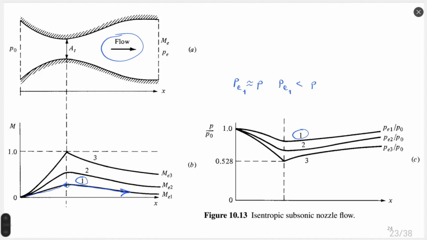This is case 1. Case 2 is very similar. PE in this case is not approximately equal to the pressure, but still smaller than the pressure. It's okay, the pressure gradient is bigger, but in case 2 it's still not sufficient for acceleration, not enough pressure for acceleration in the throat.